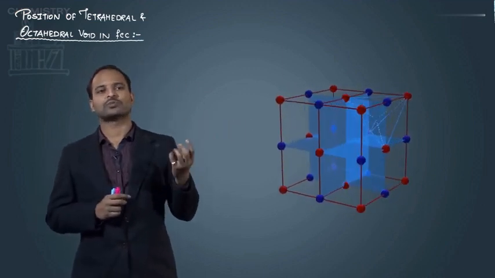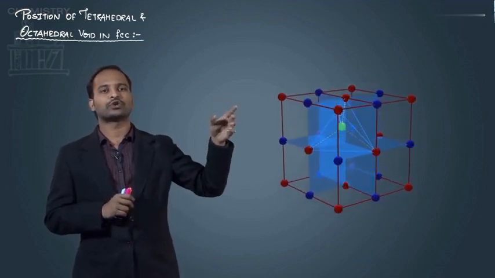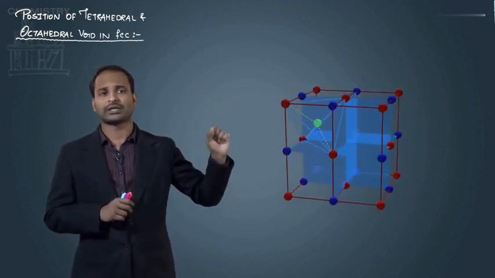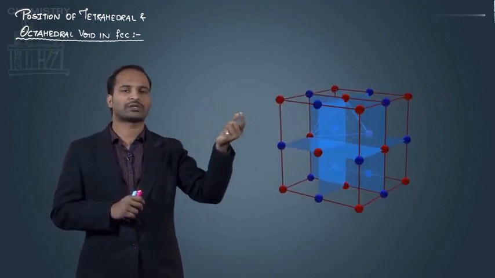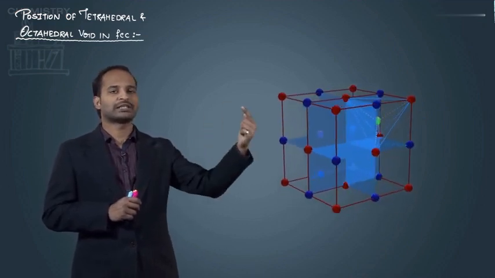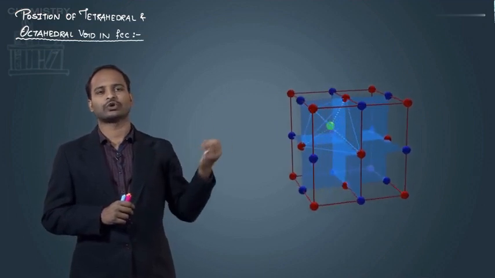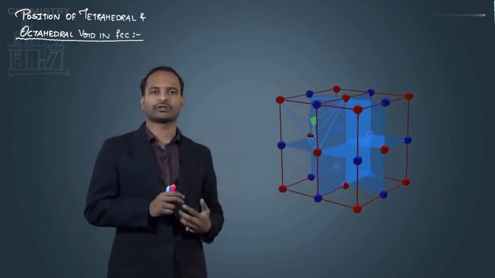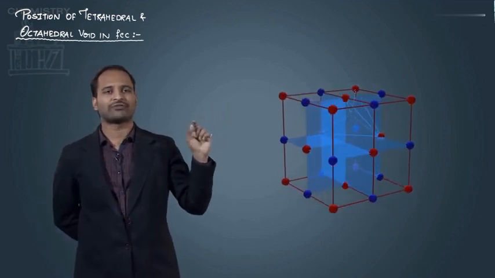The center of a small cube is going to be a tetrahedral void. That tetrahedral void is present at the center of each small cube in that whole unit cell. So there are 8 small cubes formed after dividing the whole cubic cell, and each center has a tetrahedral void.